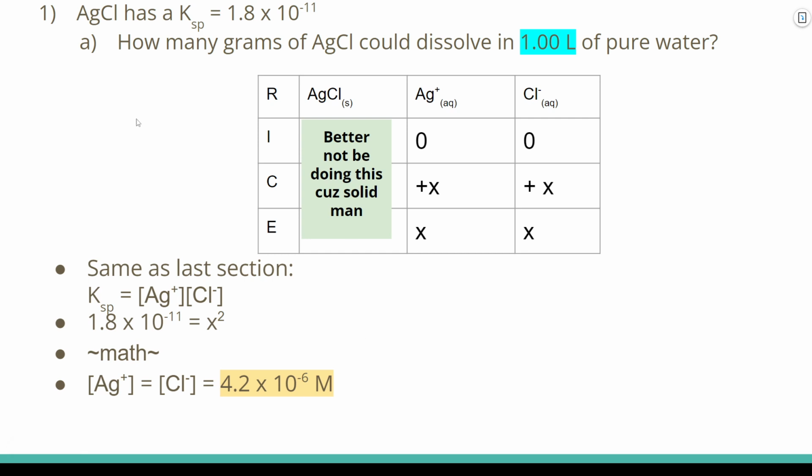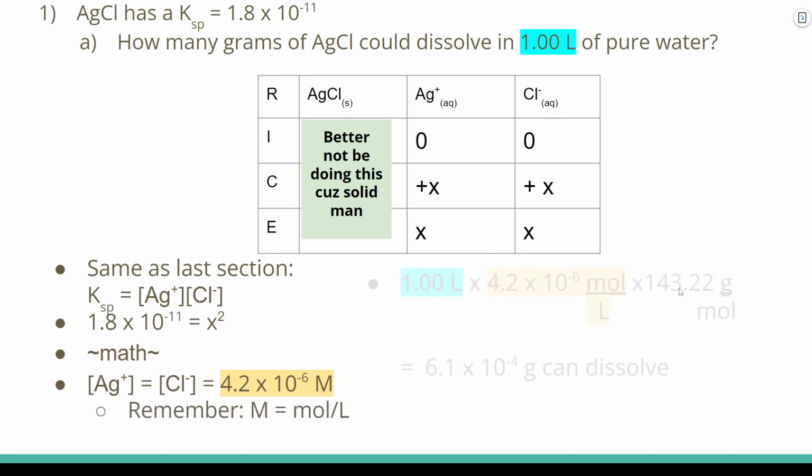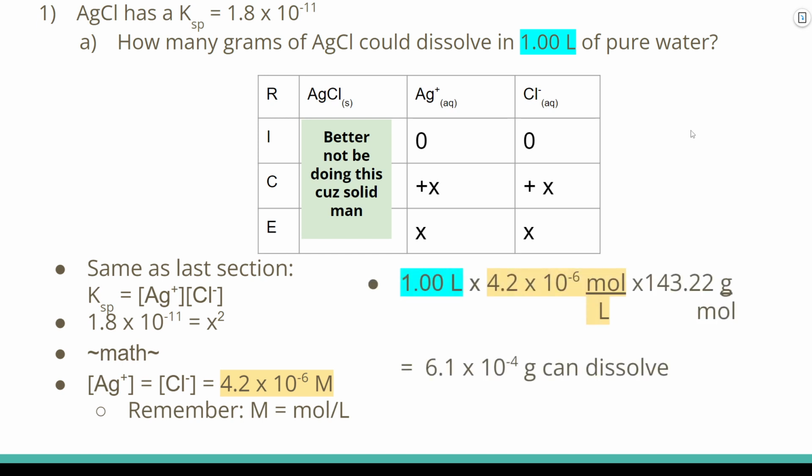Did I actually answer the question? I go back to the question. It says how many grams of AgCl could dissolve. Right now I have the molarity of the ions, so that is not the answer to the question. Remember that big M is moles per liter, so I can convert this. I skipped some of my stoich steps because I got kind of lazy, but essentially I have a liter of water.